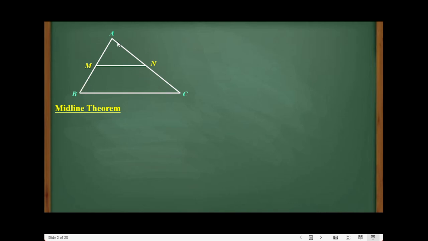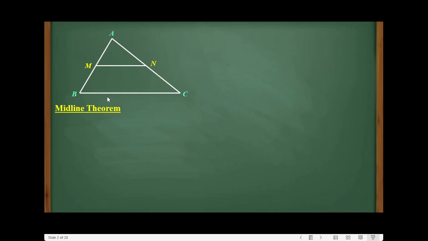Similarly, on the other side, which is named as segment AC, we have a midpoint N. And just like midpoint M of this side, N divides segment AC into two congruent parts. These are AN and NC, which are equal in length.